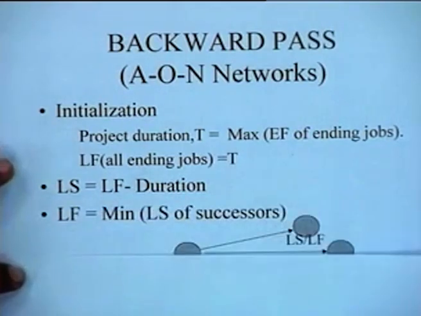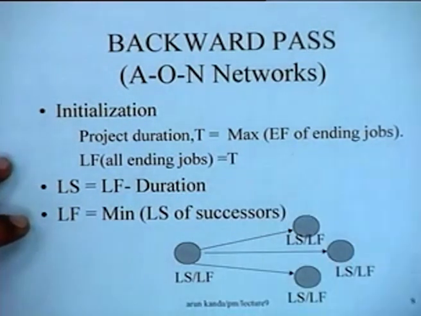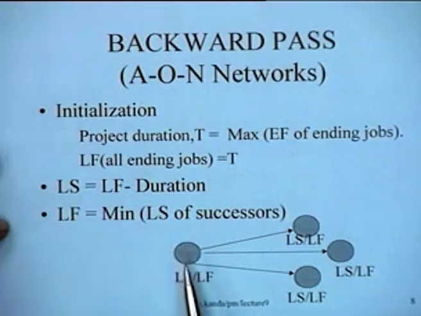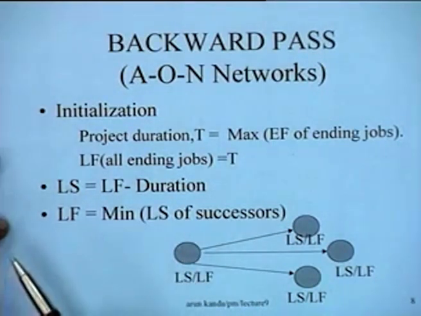Mind you, we are writing the latest start and the latest finish at the bottom of the node, and we have written the early start and the early finish at the top of the node. It's convenient to adopt this convention so that you can identify the numbers that you are computing on the network.